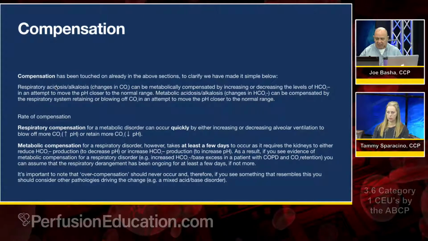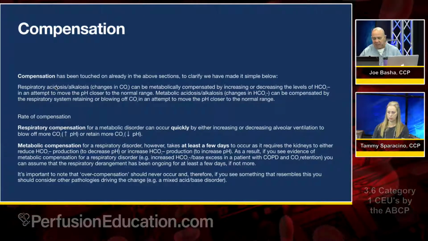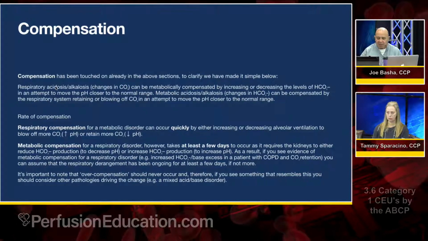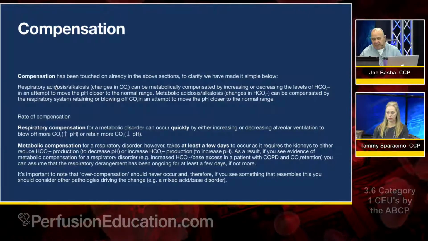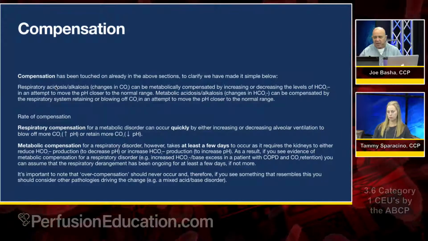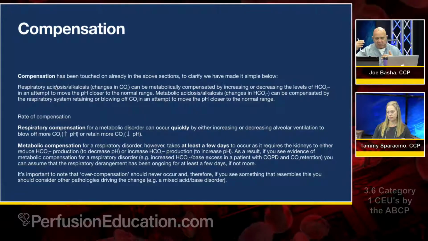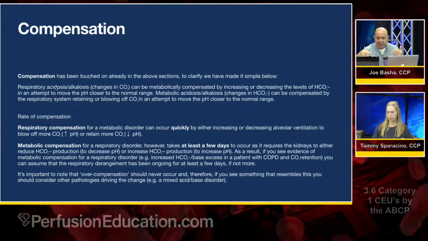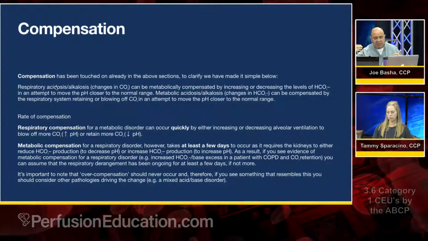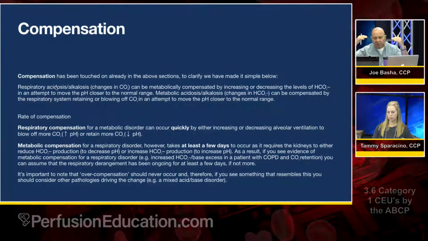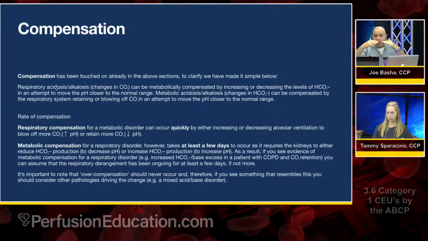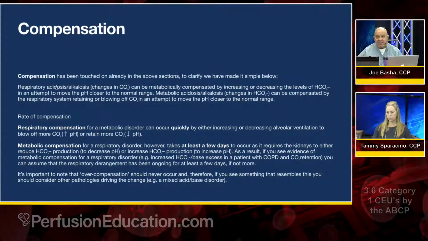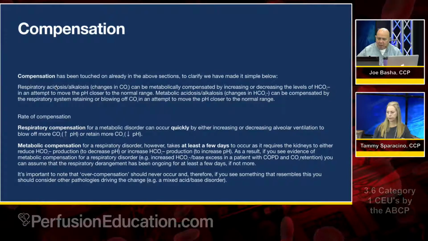Metabolic acidosis and alkalosis, changes in bicarb, can be compensated by the respiratory system retaining or blowing off CO2 in an attempt to move the pH into the normal range. So in both systems, the goal, either way, whether decreasing or increasing the level of bicarb or CO2, is to adjust the pH. That's what's actually being adjusted or dealt with here. It's the driver, if you will.